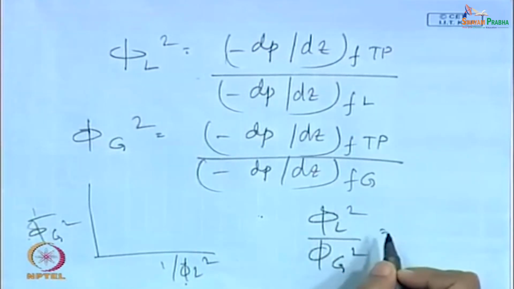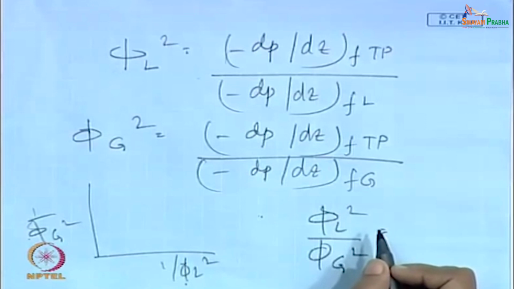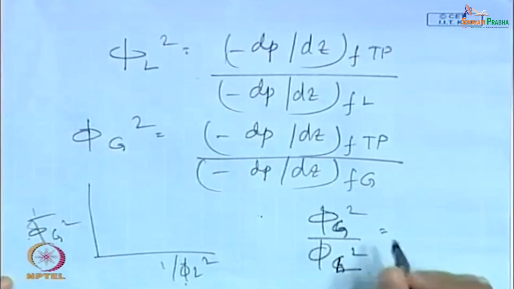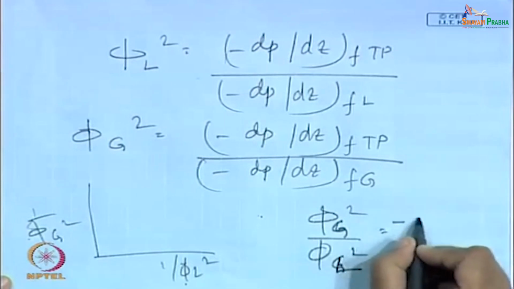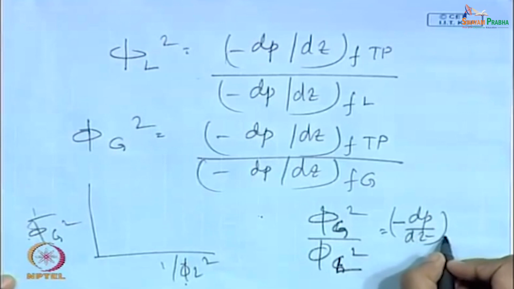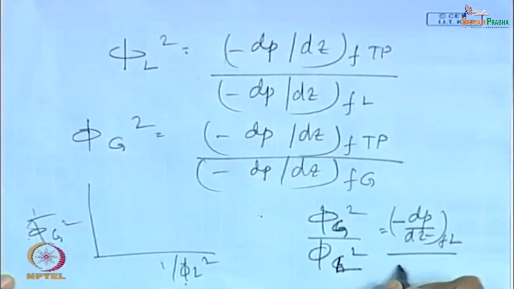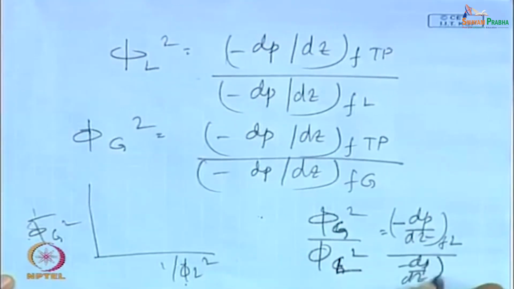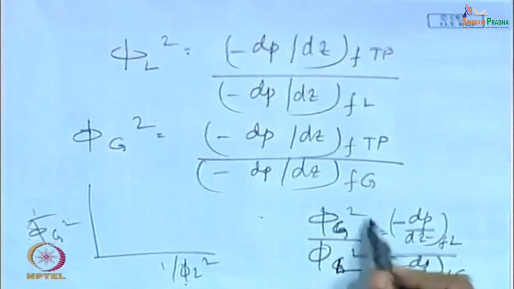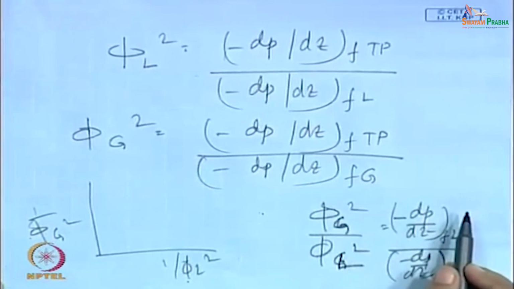This is simply a ratio of, sorry, it is phi G square by phi L square. So, this basically becomes a ratio of minus dP dz frictional when the liquid flows alone in the pipe, and minus dP dz frictional when gas flows alone in the pipe. So, this becomes a known quantity. Okay.